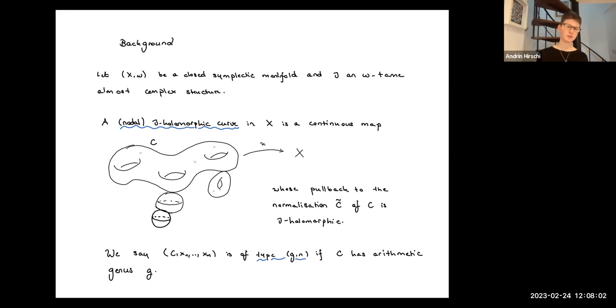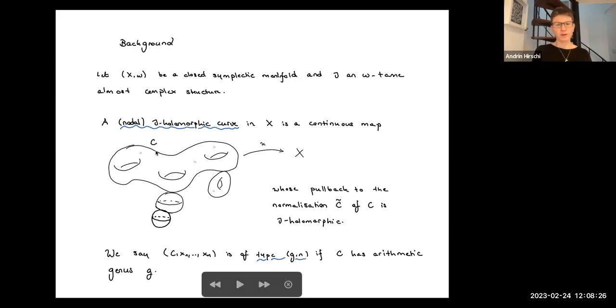Now, any such surface admits a normalization, which is simply given by detaching all these closed Riemann surfaces from each other. And we say u is J-holomorphic if its pullback to that normalization is a J-holomorphic map. So essentially we can do differential geometry on C by using the normalization.